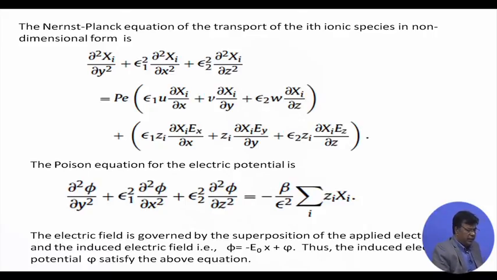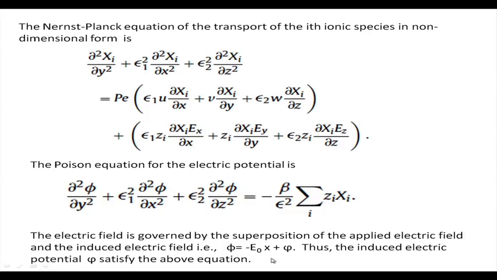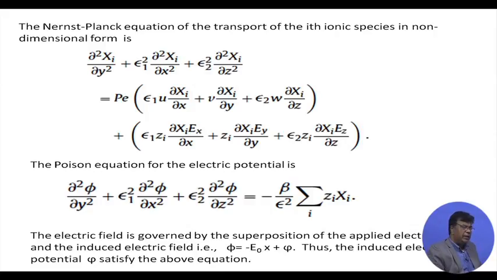We assume that the externally imposed electric field is a constant electric field. So we have the total electric field given by minus E0x plus phi, where phi is the Debye layer potential, or one can say the potential induced by the charge density.